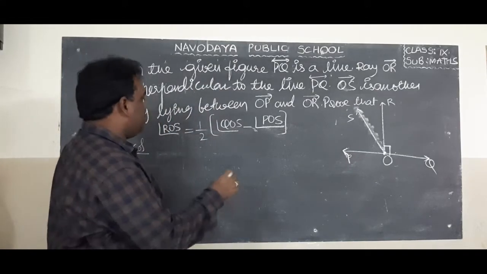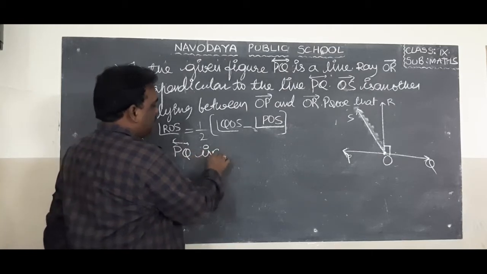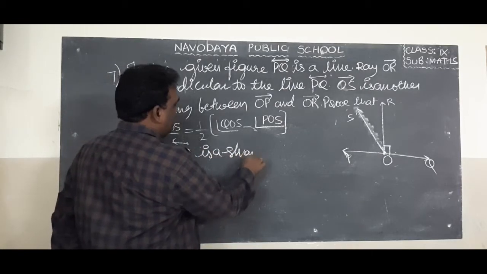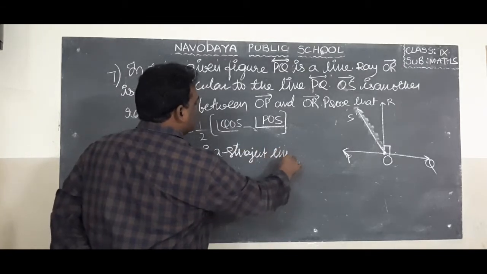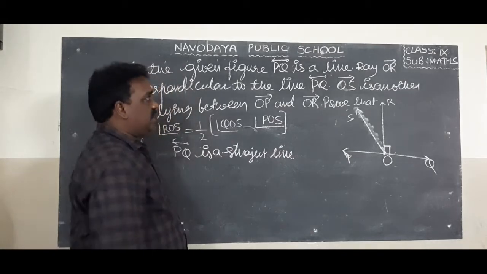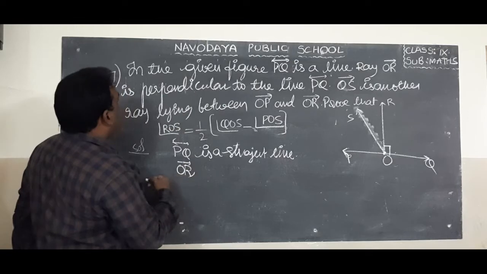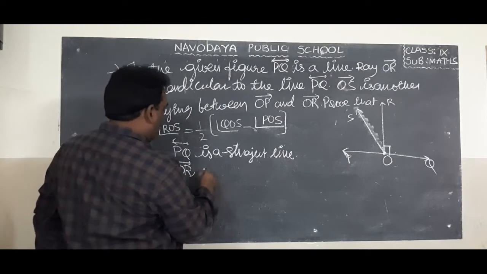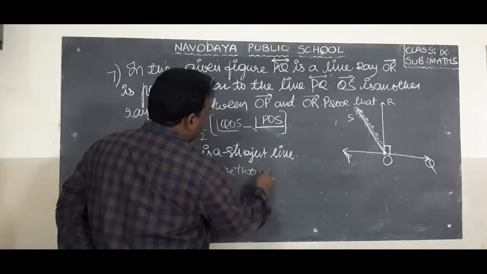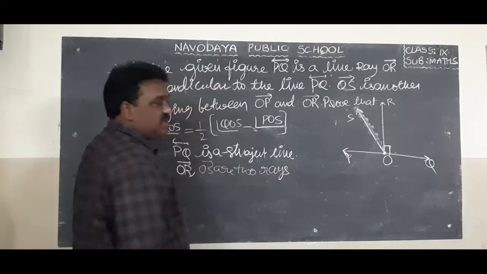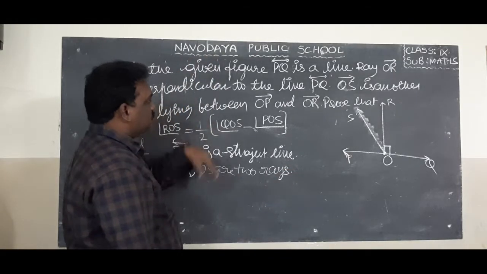Solution. What is given? PQ is a straight line. That is the information given. First point, PQ is a straight line. Number 2, OR, OS are two rays.